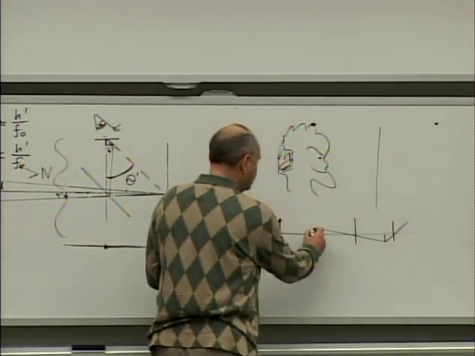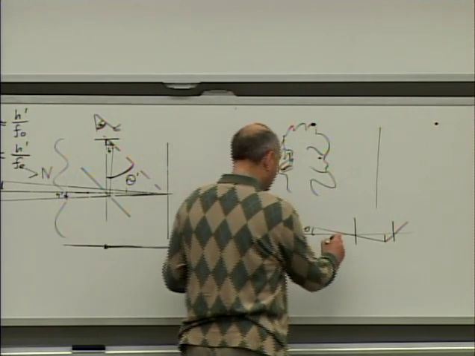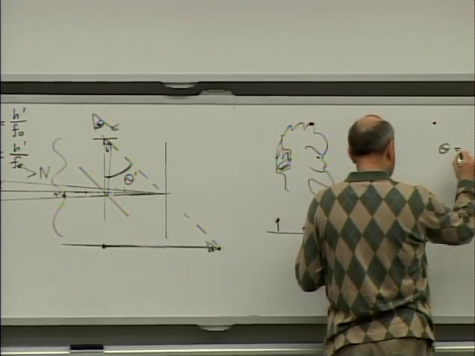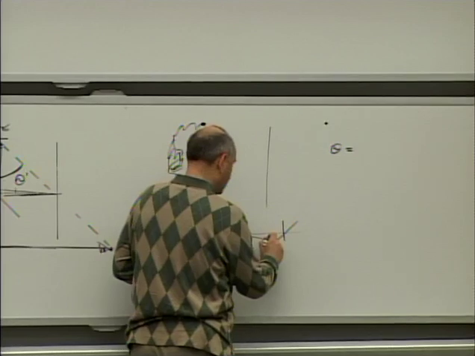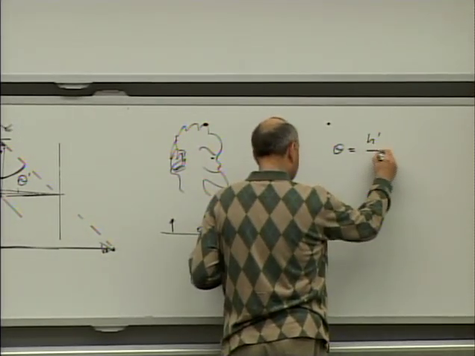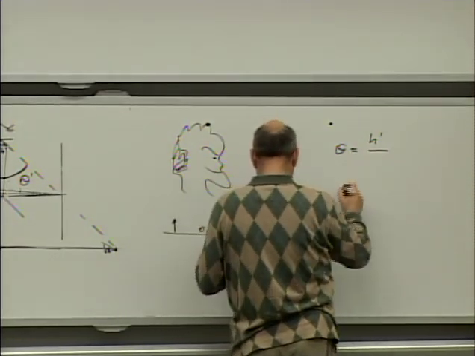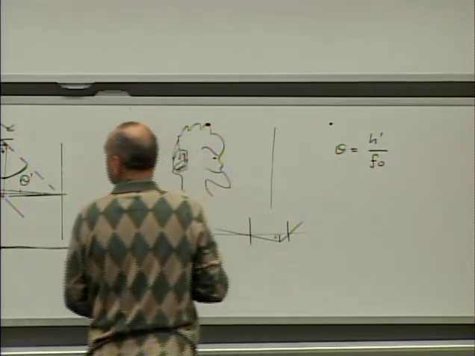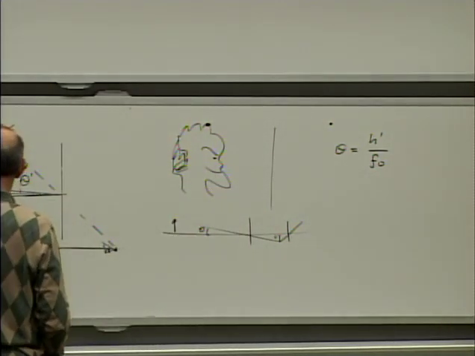Right, for the other telescope, this was our theta, and this theta was equal to the height of this image divided by focal length of the objective. So it's the same.